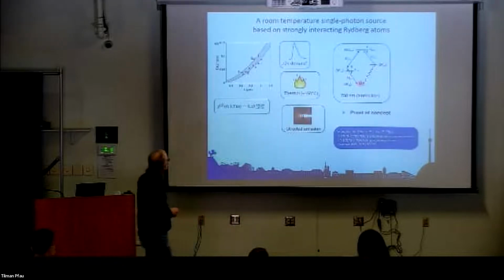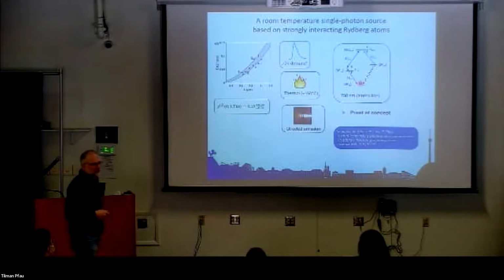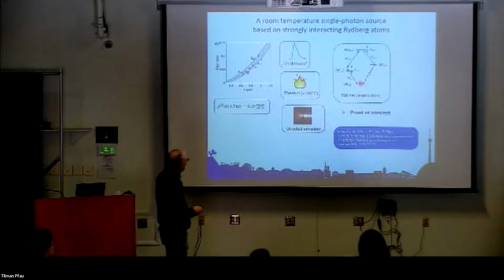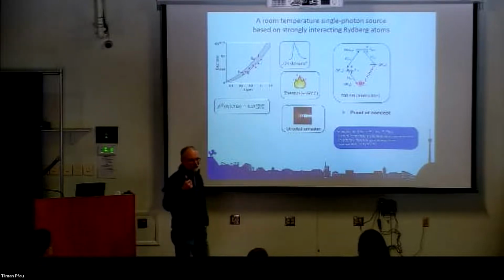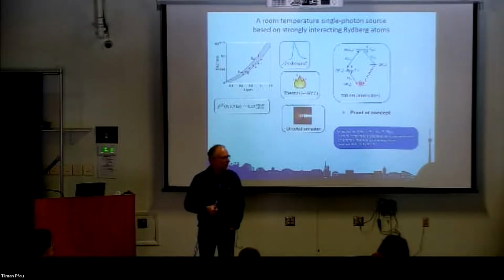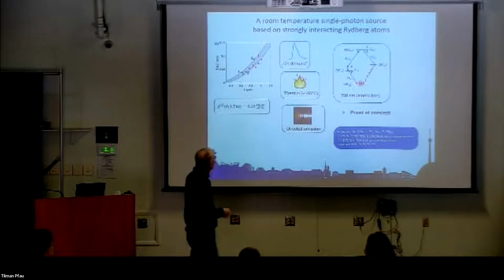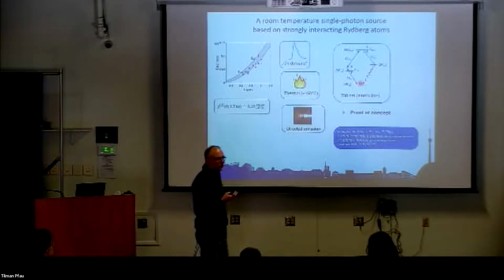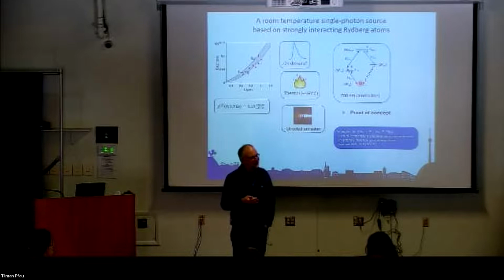Okay, so this was a proof of concept experiment to show that you can use the Rydberg blockade. First, you can demonstrate that the Rydberg blockade is actually present at room temperature or even above, because we have to heat this cell to 160 degrees C. So it's hot, you will burn your fingers.